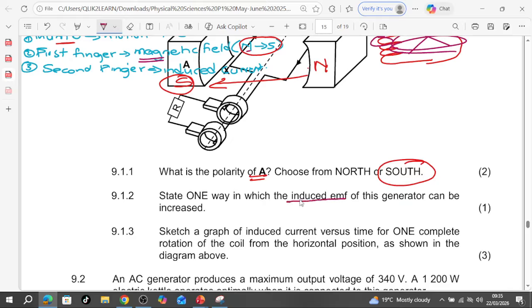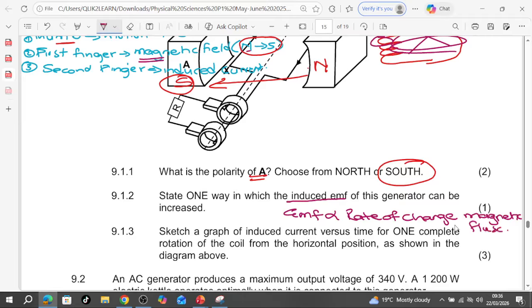From the generator theory, remember that the EMF is directly proportional to the rate of change of magnetic flux. If you still remember, that's Grade 11 magnetic flux.